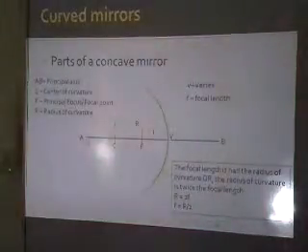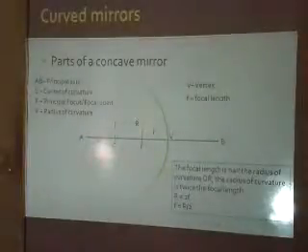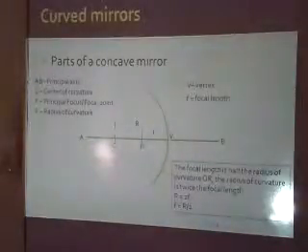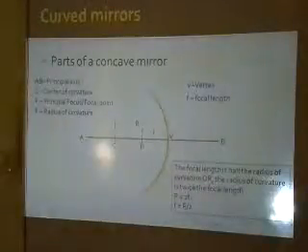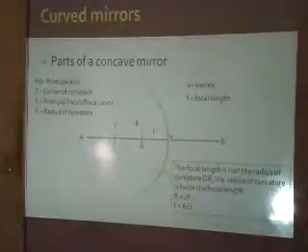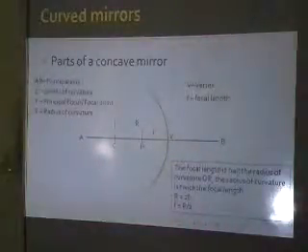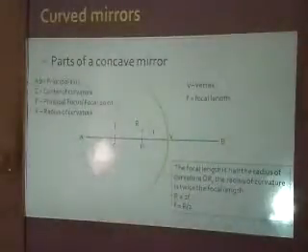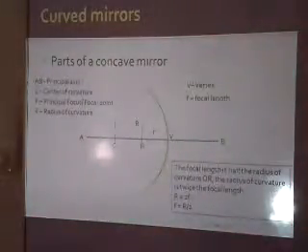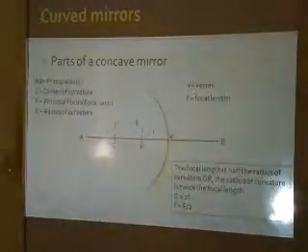Then we have a point F. Point F represents the principal focus, also known as the focal point. So, in a concave mirror, that is where all parallel rays, when reflected, will meet.